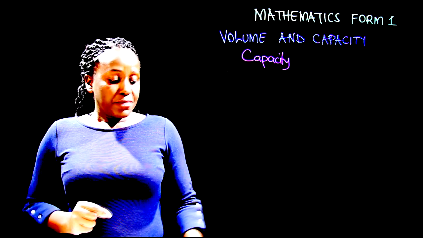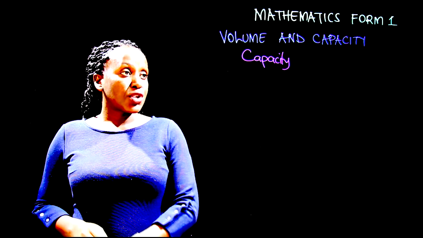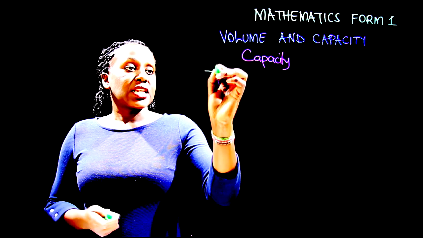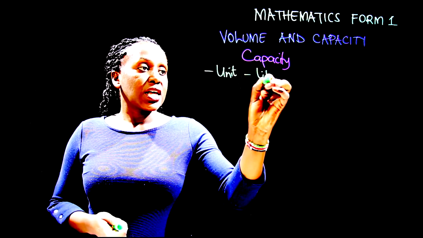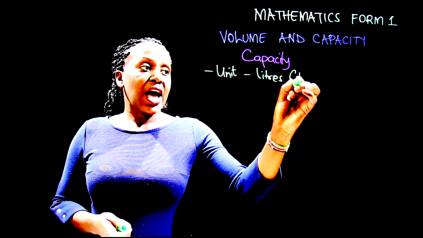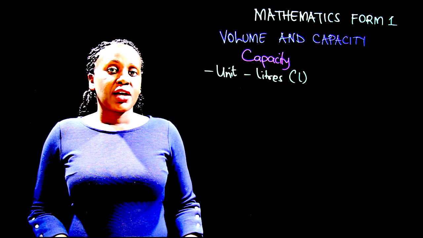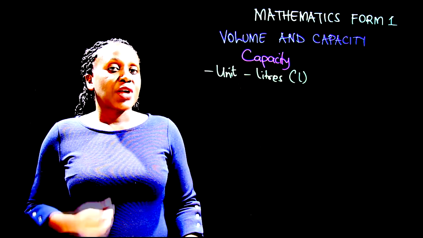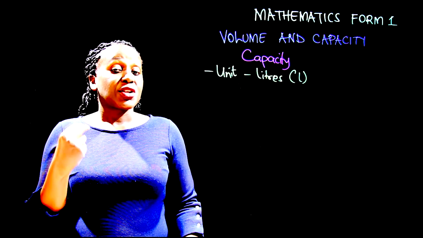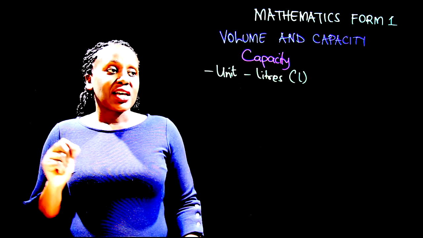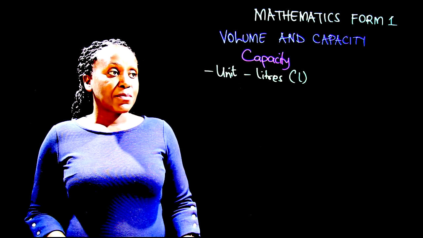So capacity, the most commonly used unit of capacity is liters. So the unit of capacity is liters, and it is written as small l. So when you are told to get 2 liters of soda, I know in your mind right now you can already picture the bottle that holds 2 liters of soda.